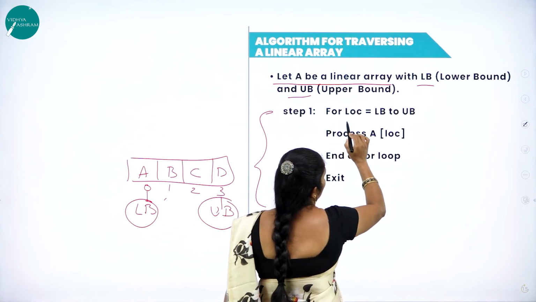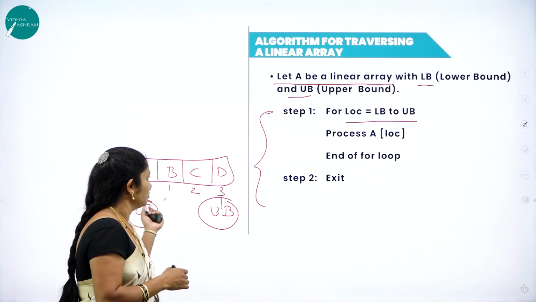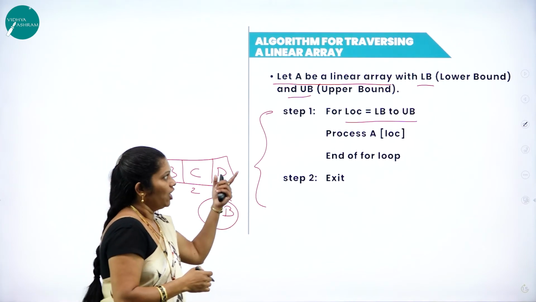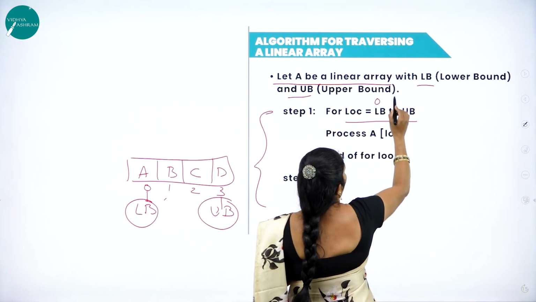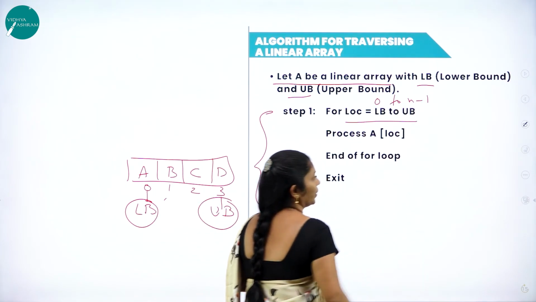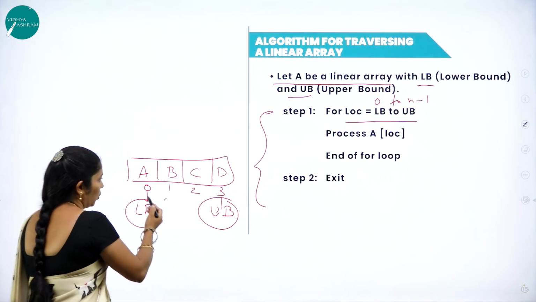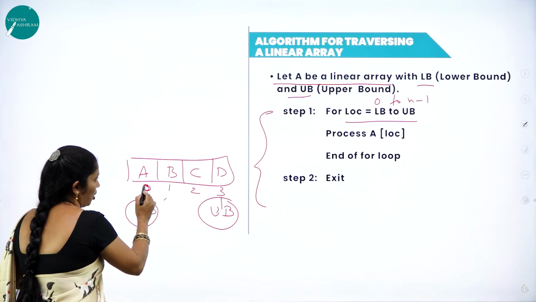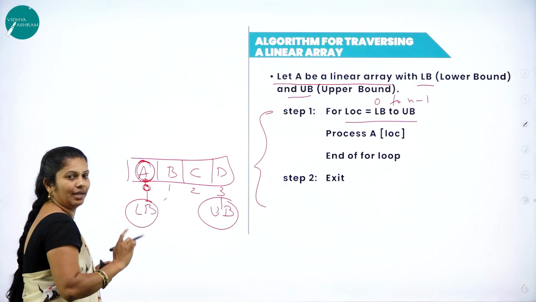For location starts from lower bound to upper bound, that is from 0 to the last one. If you want, you can write lower bound to upper bound or 0 to n minus 1 also. Then process A of location. Whichever element we have at this location, process that element.